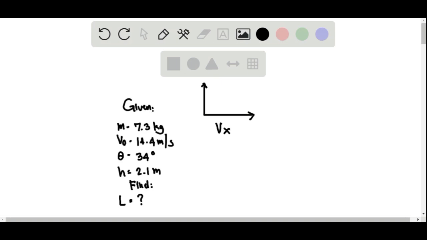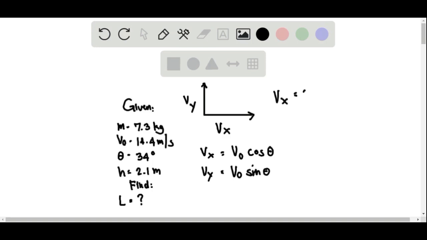Our formula is: velocity on the x-axis equals initial velocity times cosine theta, and velocity on the y-axis equals initial velocity times sine theta.